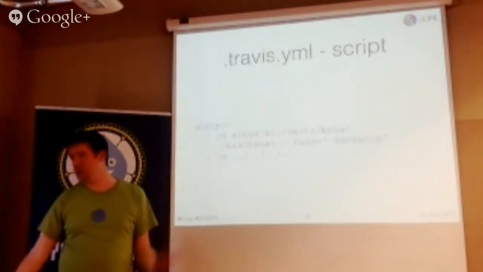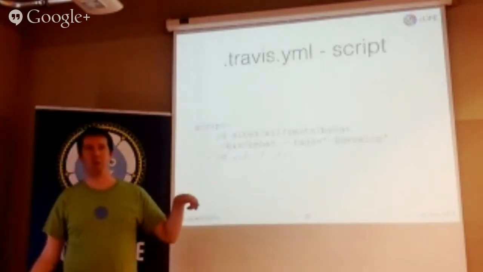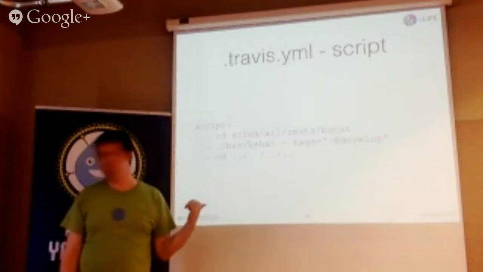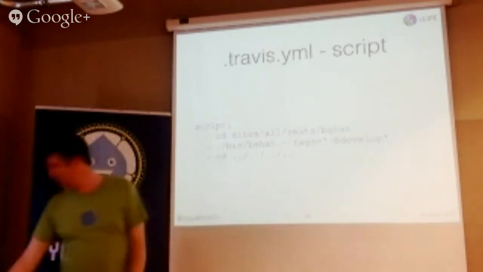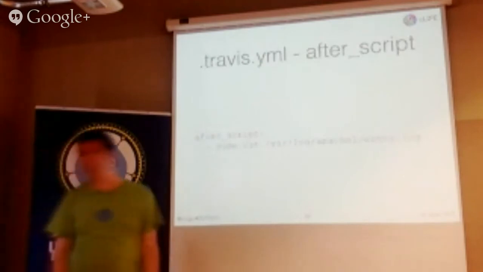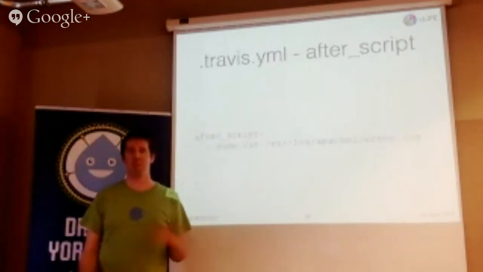And then on the script portion, that's where you want to run your tests. So for us, that's BHAT and simple test. So this is how you would trigger your BHAT tests.